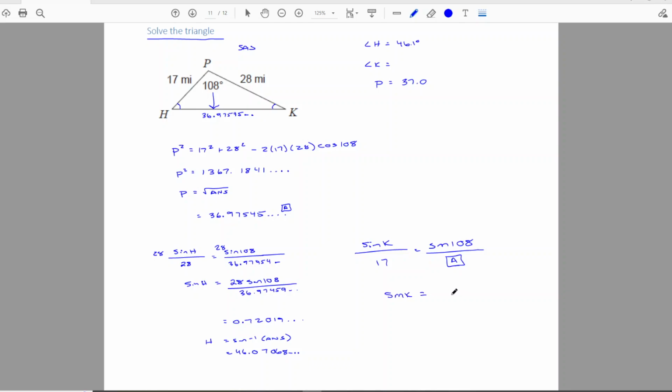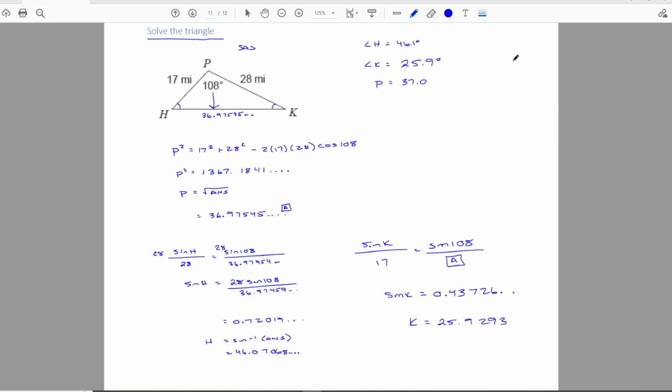So I'm going to do 17 times the sine of 108, and then divide that by A, and I get 0.43726. And then to solve for K, I'm going to take the inverse sine of that answer, and I get 25.9293, which is going to give me 25.9 degrees.